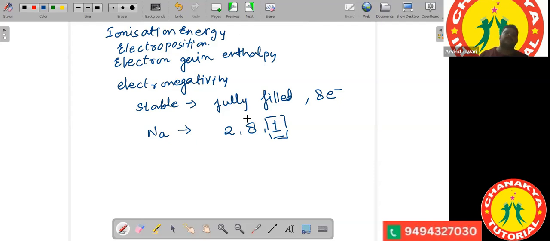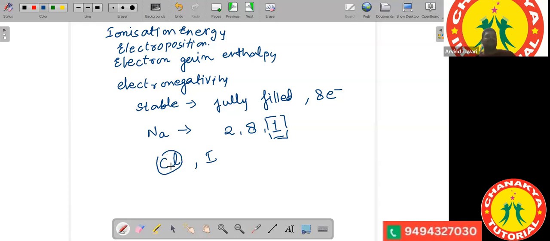The second thing is the electronegativity of the combining atom. For example, is it combining with chlorine, or is it combining with, let's say, iodine? Chlorine is more electronegative than iodine.